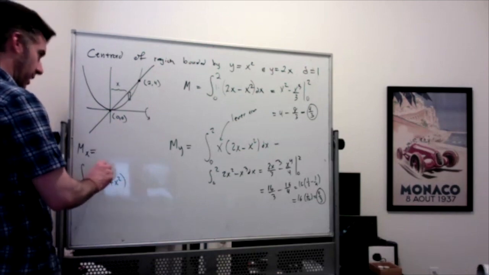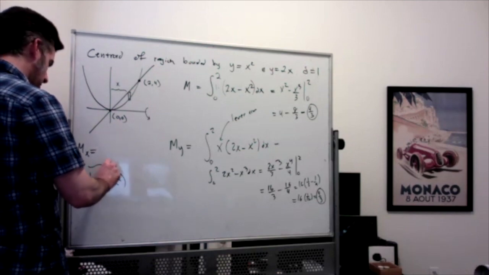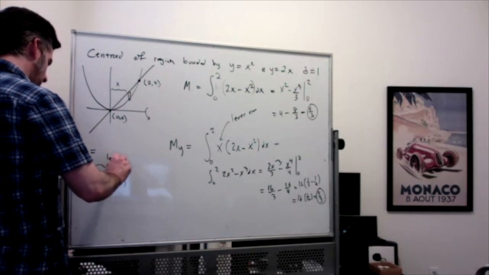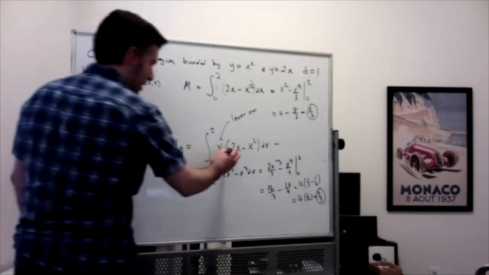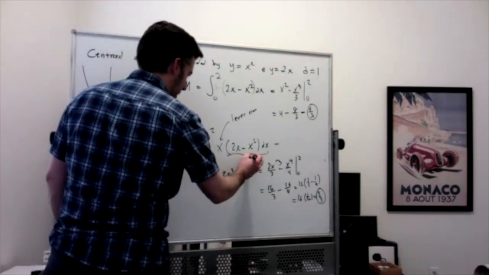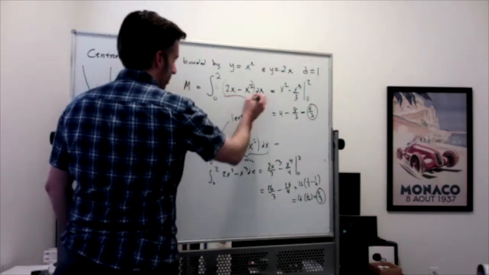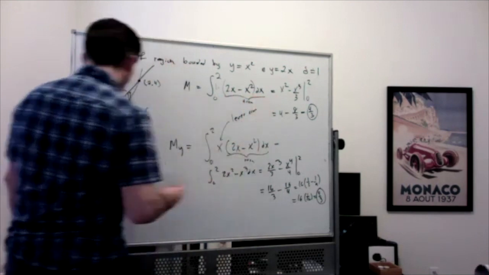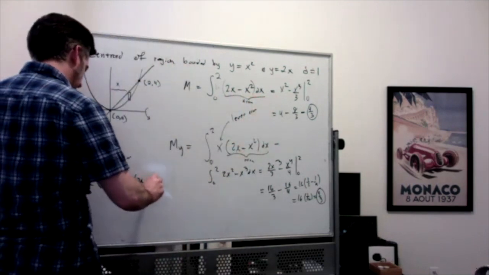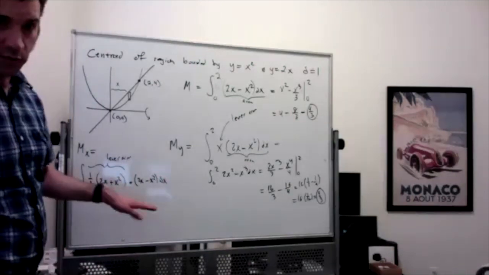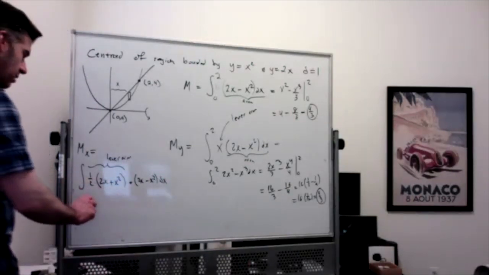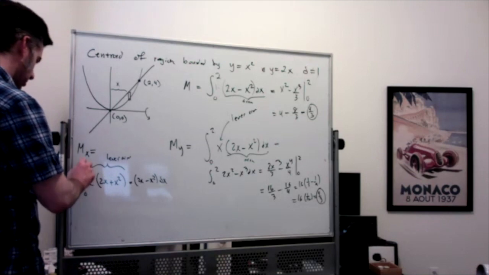That's my lever arm, times again the same area of my rectangle, which is just 2x minus x squared. Really want to make sure everyone's super cool with that. And still from 0 to 2.